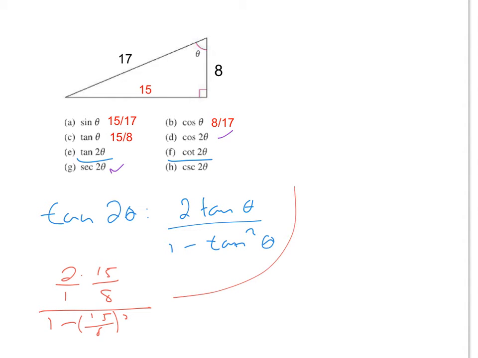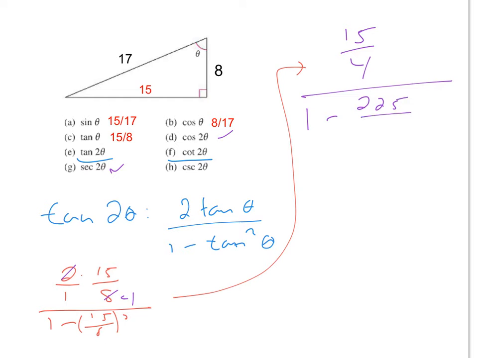I'm going to go up top here. So this now becomes, the 2 and the 8 will cancel, that will become 4, so 15 over 4 over 1 minus 15 over 8 squared, which is 225 over 64.